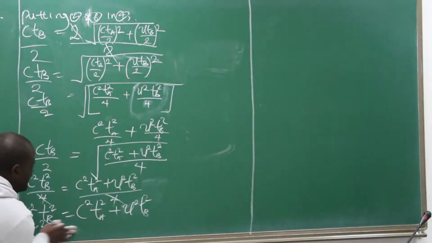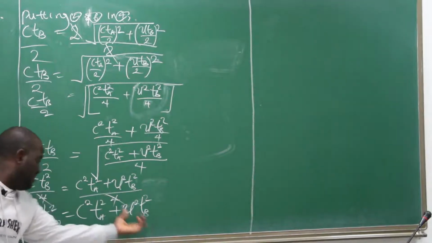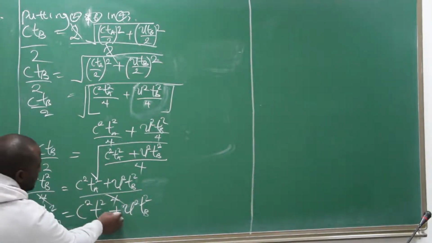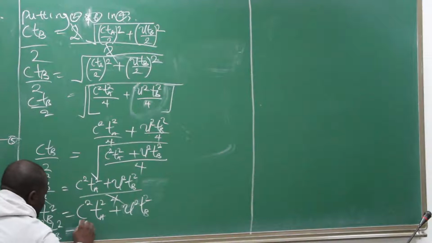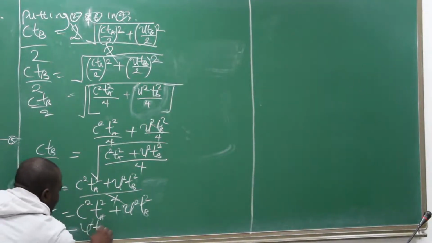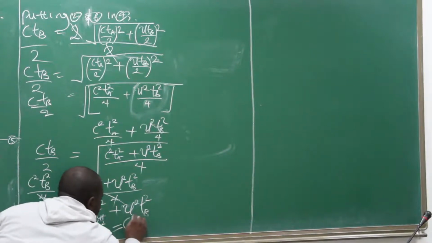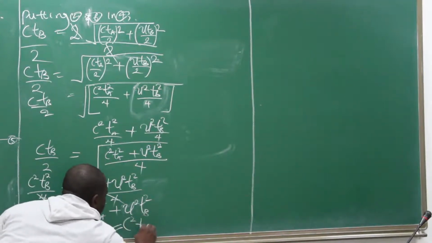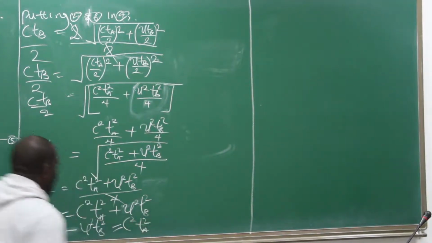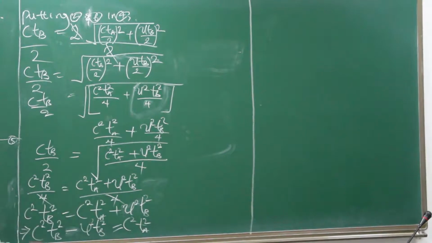Now, we're taking the whole of this and bringing it here, so this plus sign becomes minus. So we have c squared tb squared minus u squared tb squared is equal to c squared ta squared.